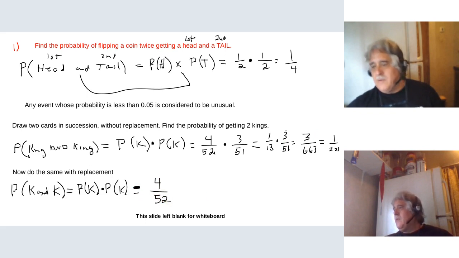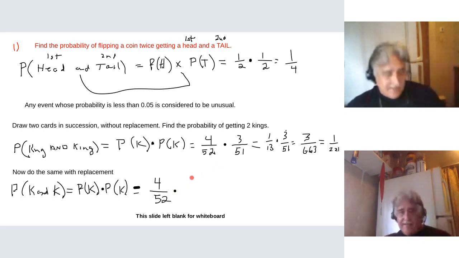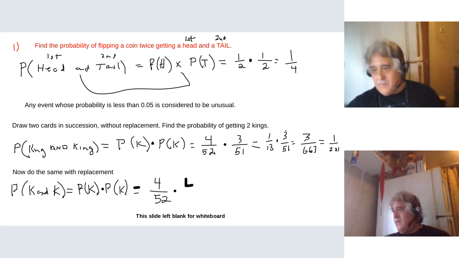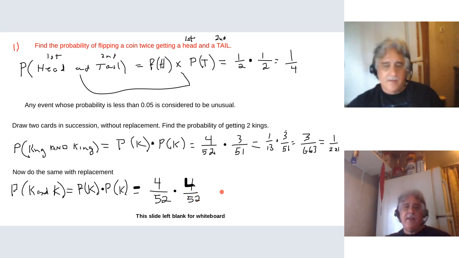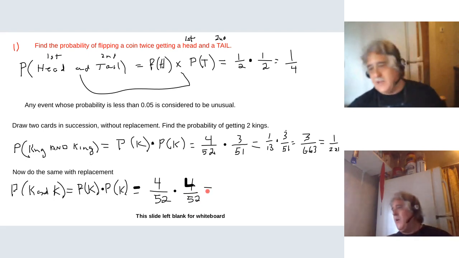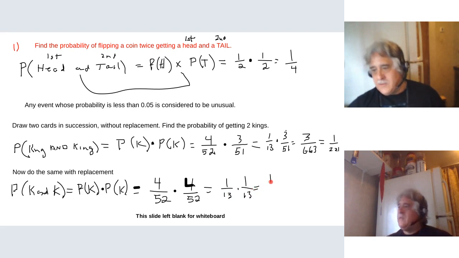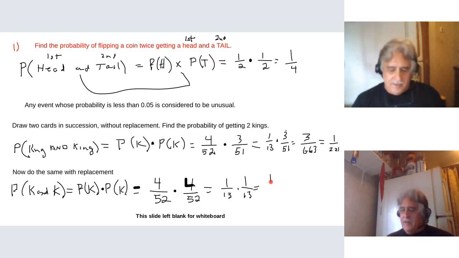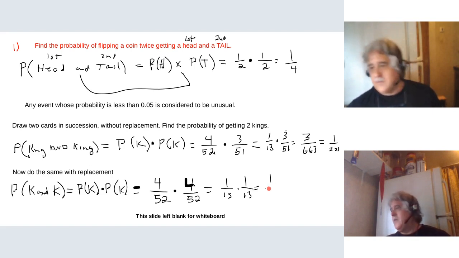Now, since we did put those back in, there's really no condition that affects that second one, so now the second pick is still the same, but the multiplication still works the same way. So this ends up being 1/13 times 1/13, and I do believe that's what, 169? 169.